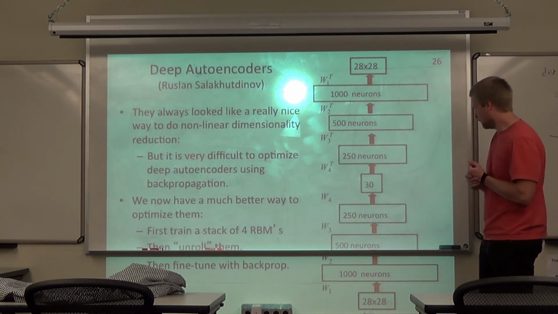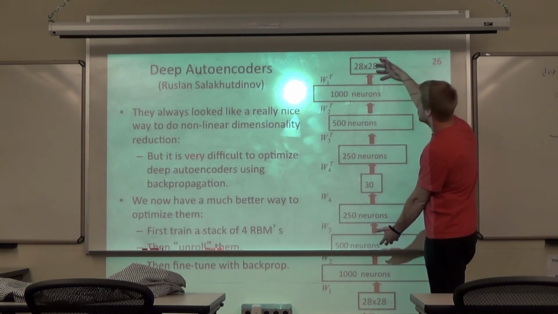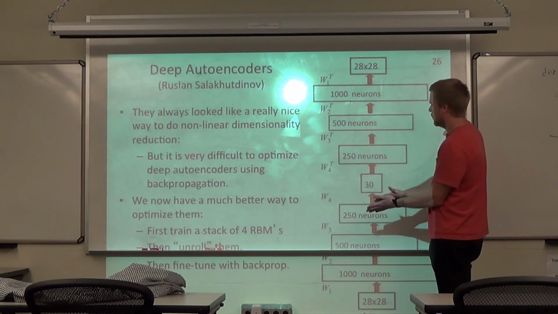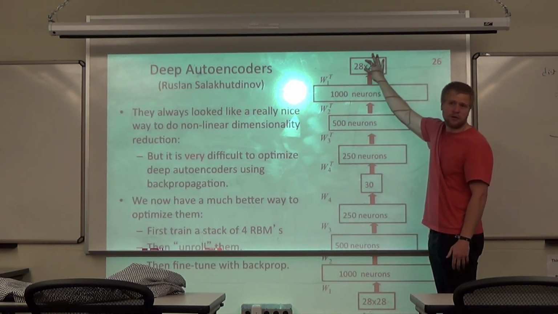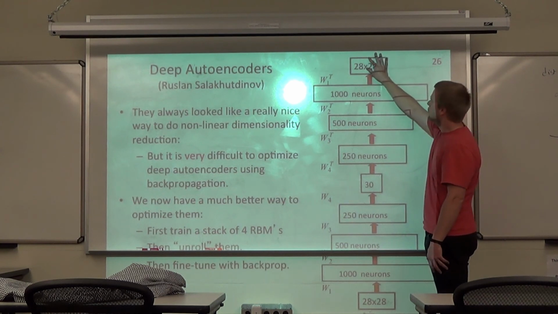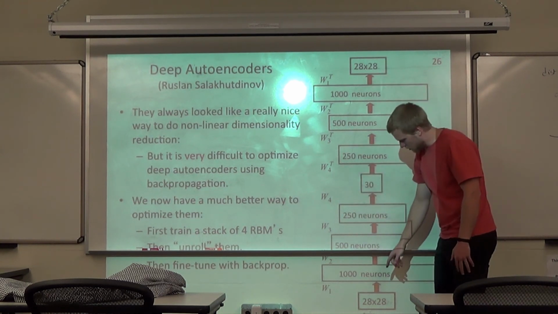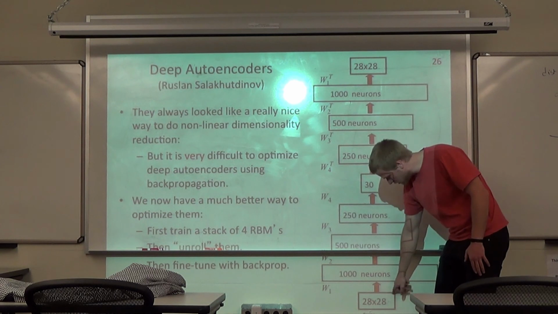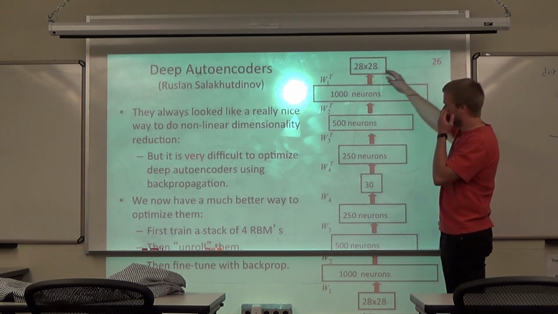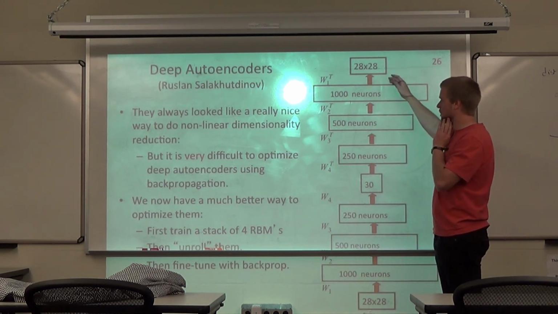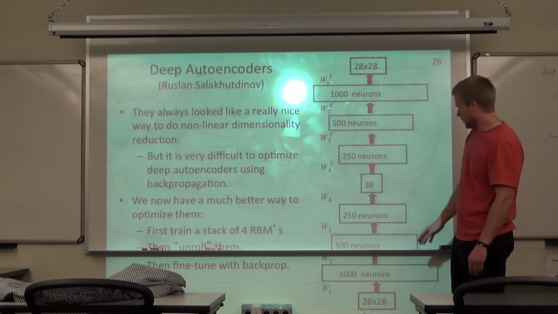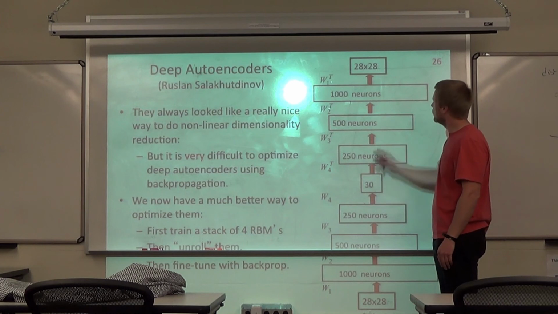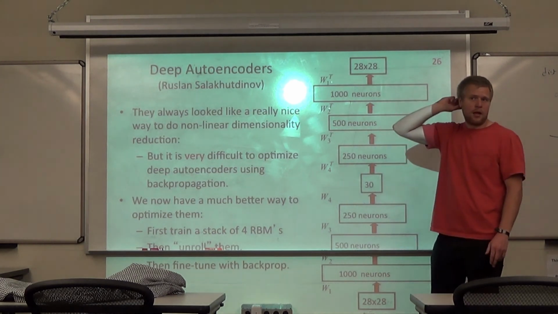Okay, but by unfolding this, you can now make it a neural network, because you know what the label should be, because you're trying to reconstruct the initial data. So you can use the backpropagation algorithm to fine tune these weights so that you reconstruct the data up here.